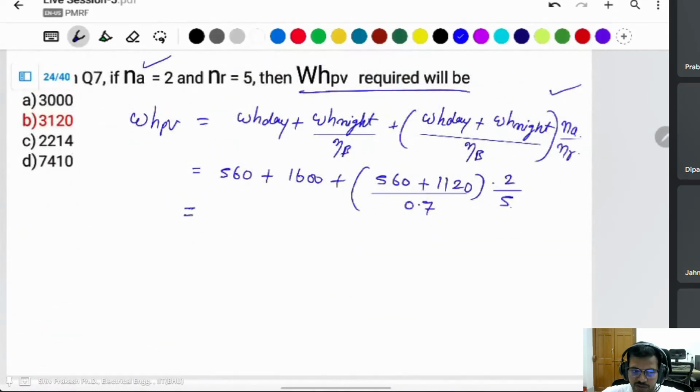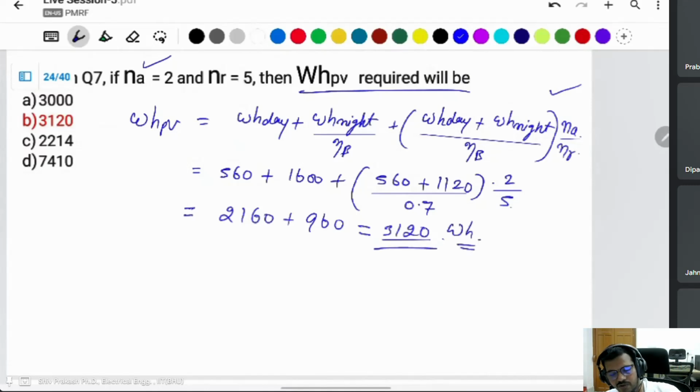Okay, then you can calculate the total amount of power: 560 plus 1600, sorry, 2160 plus 960 will be 3120. What is our requirement?